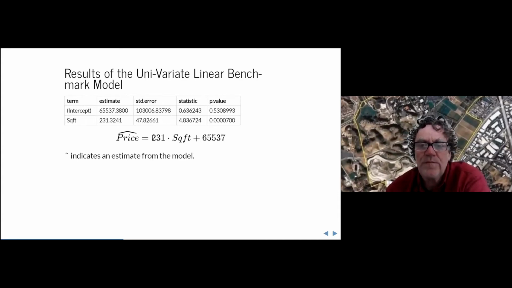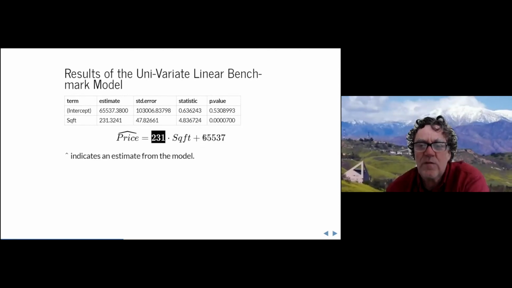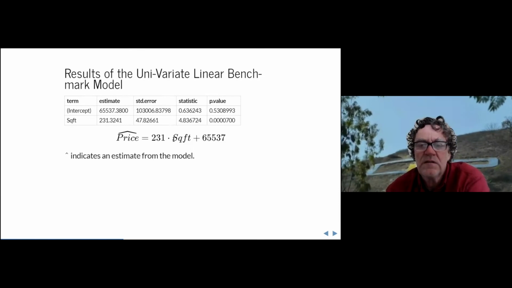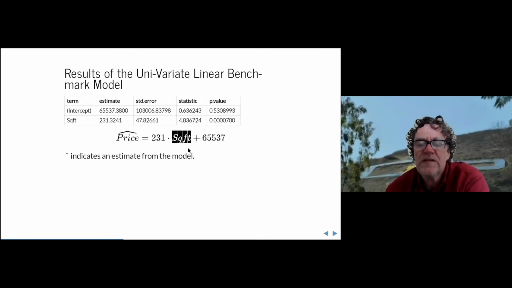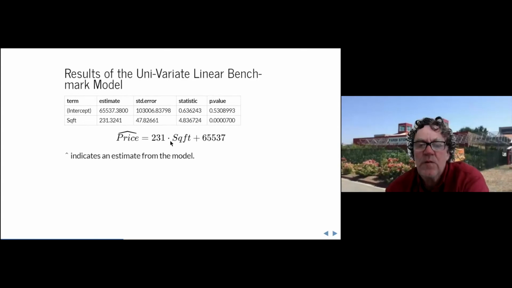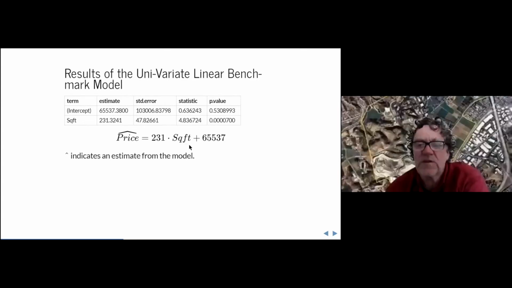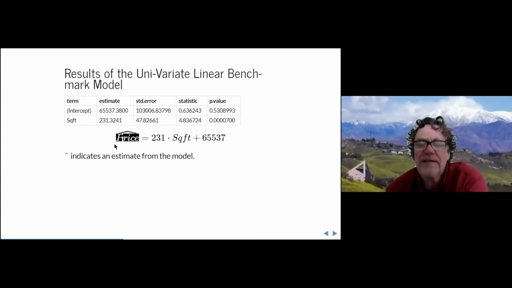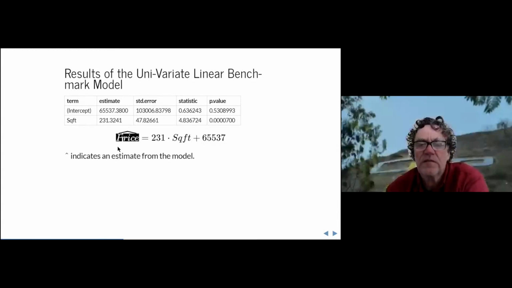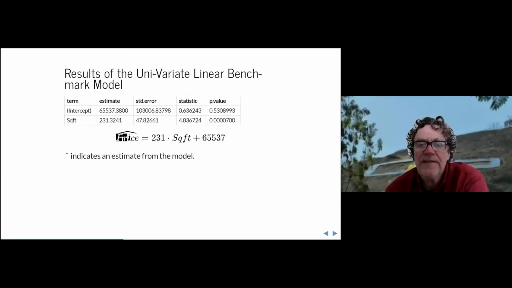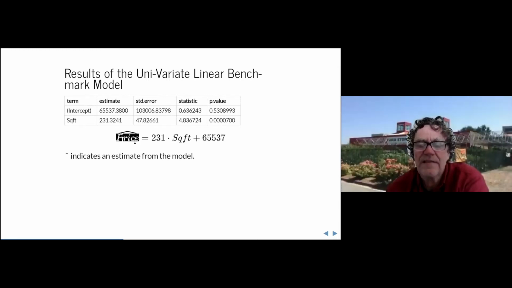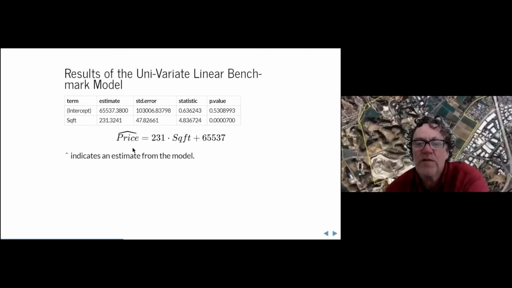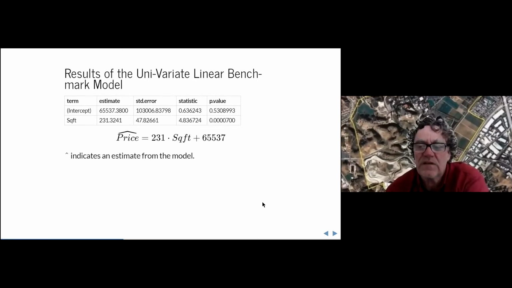So now I can substitute the betas with the numerical values, and I get an equation that has only the square footage, which means if I plug in any square footage, I get an estimate for the price of the house. The variable price here has a little hat to show that this is an estimate. It's not the true house price.